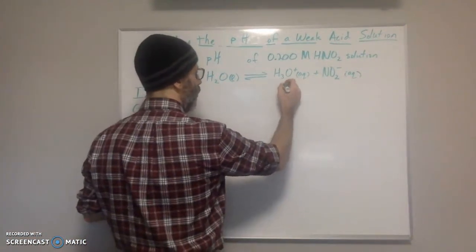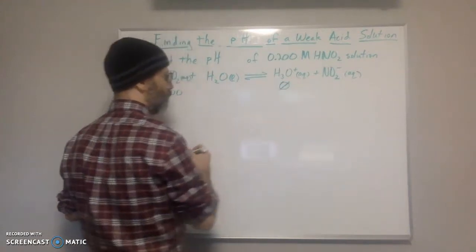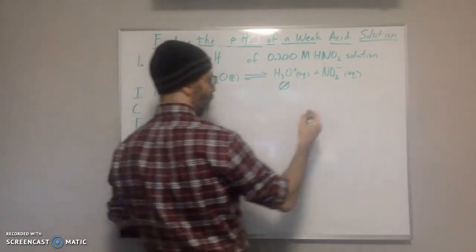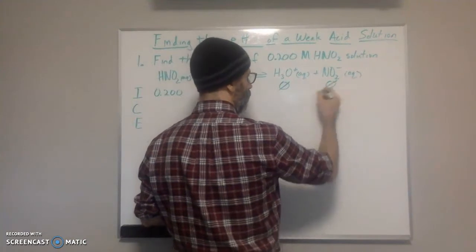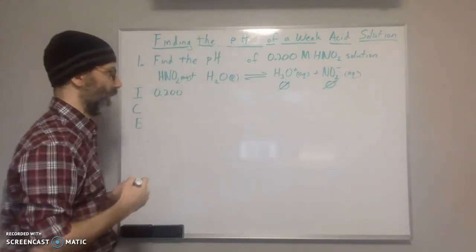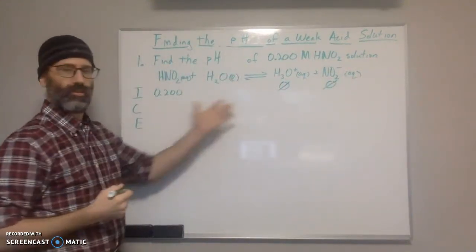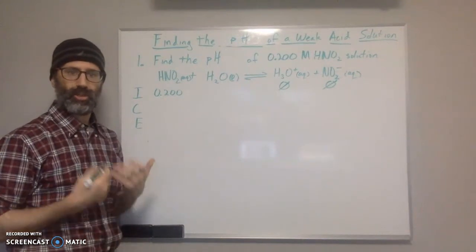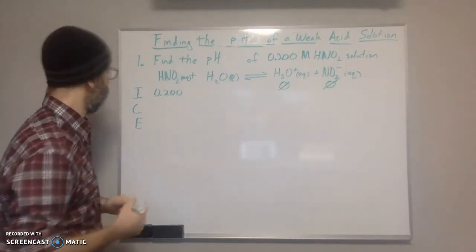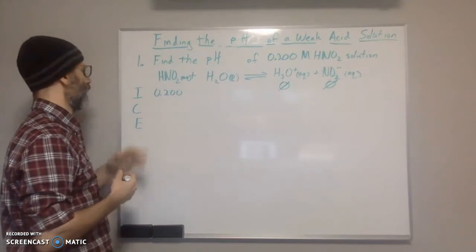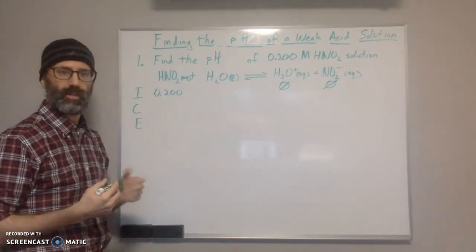And then we have practically 0 to start with of your hydronium ion and 0 of your nitrite ion. So these are our initial concentrations, what we start with, and then the change. And again, the change is going to be x.